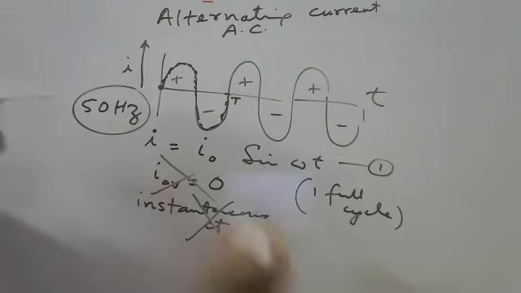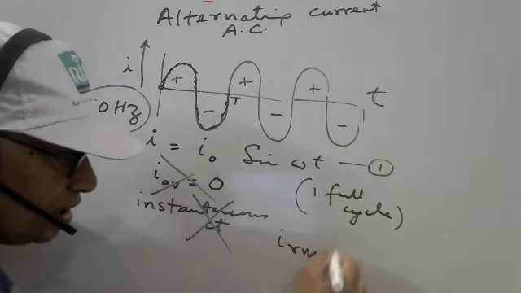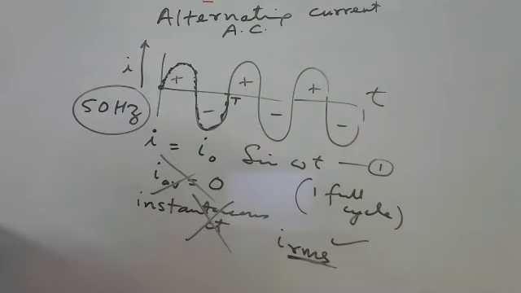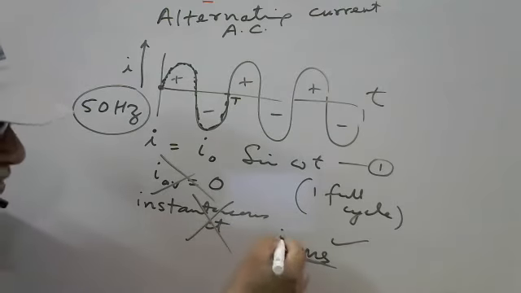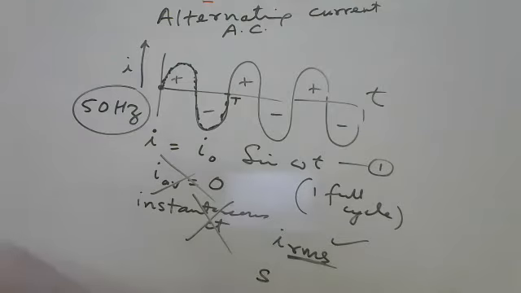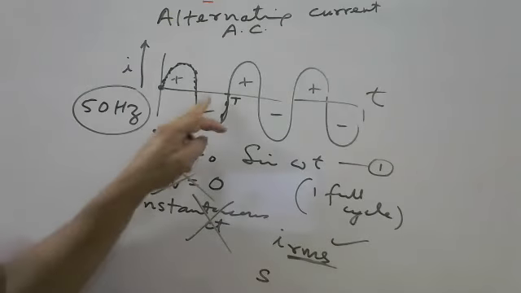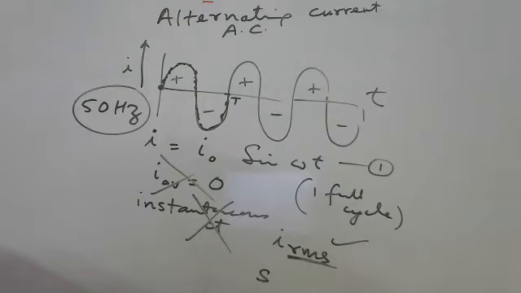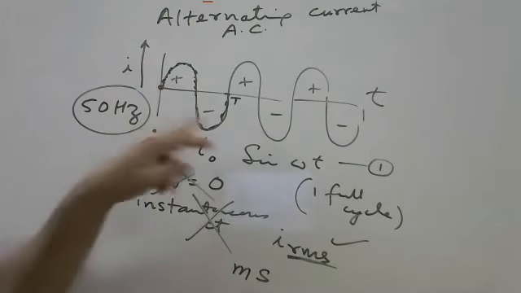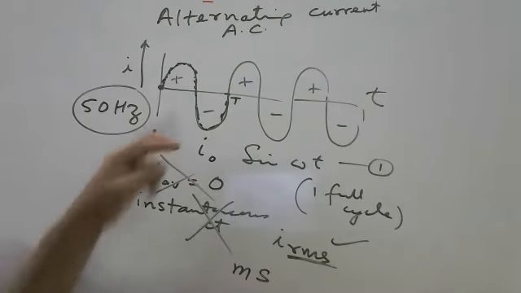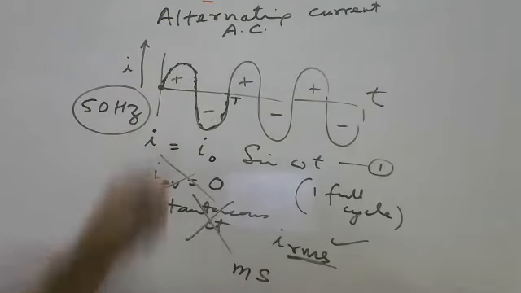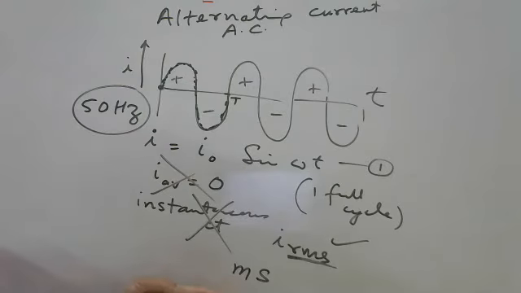Only the RMS value can be measured. What is RMS value? Root mean square value. If you square it, positive squared is positive, negative squared is also positive. And now when we take the mean value, it will not be 0, whereas if we average positive and negative values, it becomes 0. Positive square is positive, negative square is also positive, and now taking the mean, it will never be 0. So square it, then take the mean, and because we have unnecessarily taken the square, we have to take the root also.